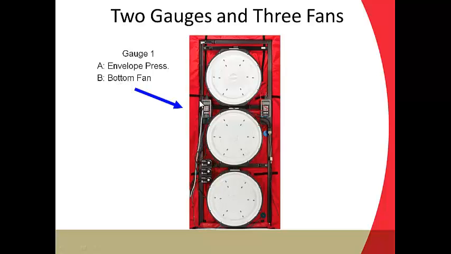So you'd set up the first gauge like you would for a regular single fan test. And then the second gauge will be channel A is the middle fan, channel B is the top fan. So that's pretty obvious. Set up channel A the way you always do for a single fan blower door test, and then middle fan channel A, top fan channel B.